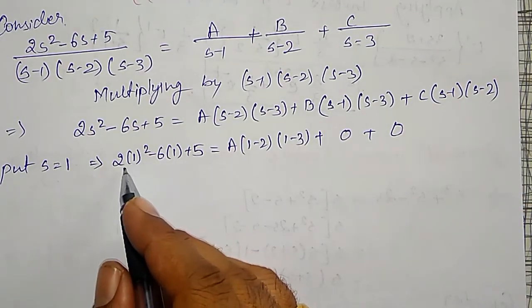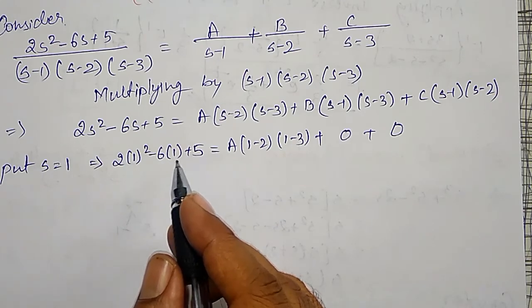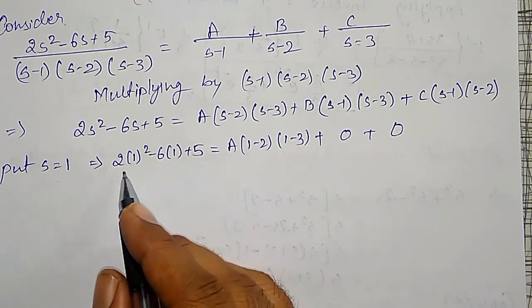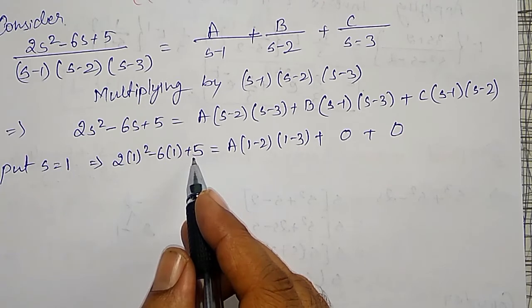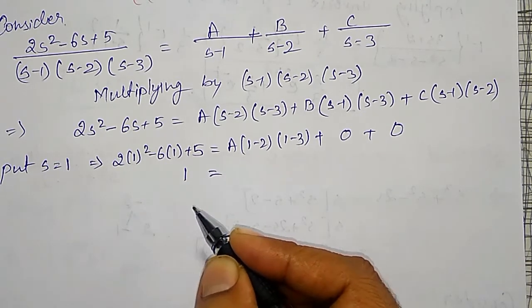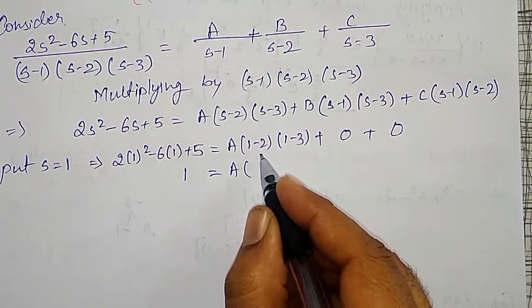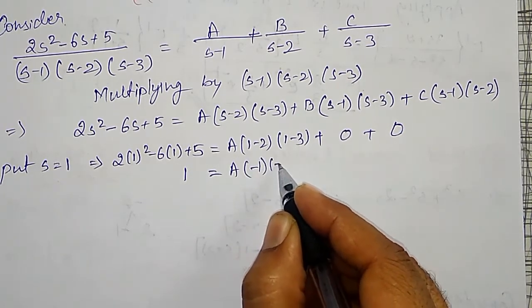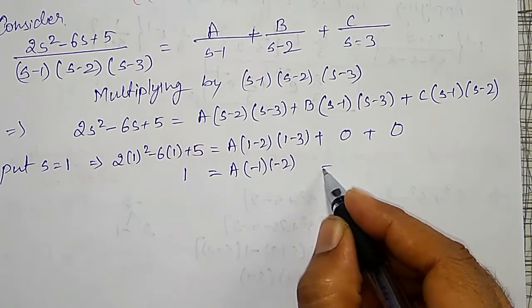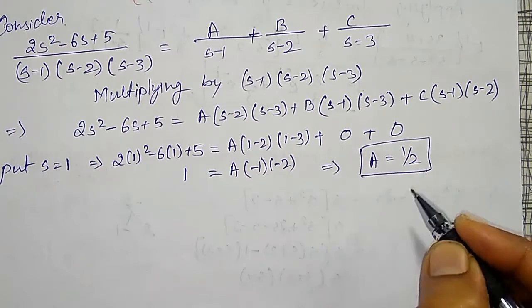Here 2 minus 6 becomes minus 4, plus 5, which is 1, equals A into (−1)(−2), which implies A is equal to 1 by 2.